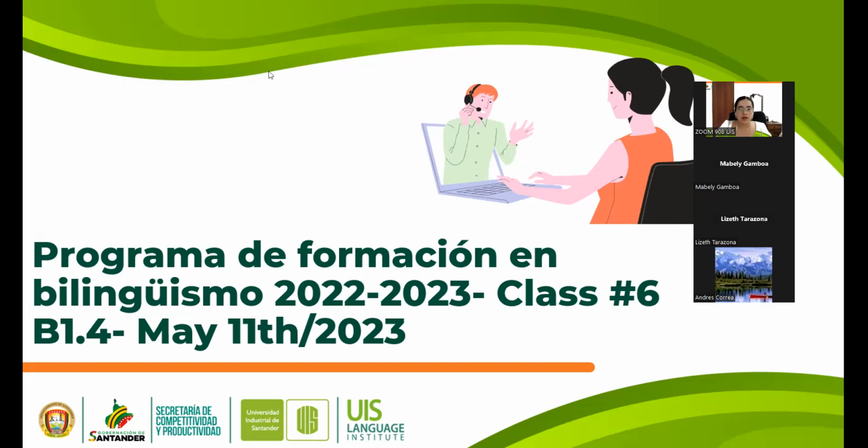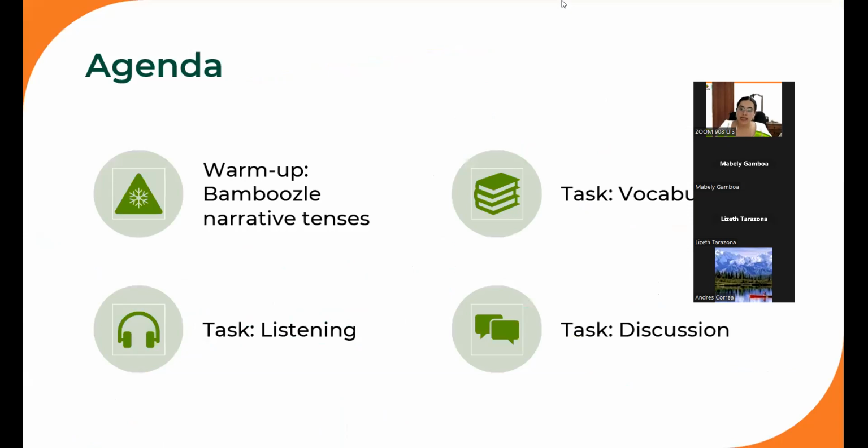Let's check the agenda first, and then we will check the attendance for the students. The agenda: first, we're going to do an activity again to practice the narrative tenses: past simple, past continuous, past perfect, and past perfect continuous.